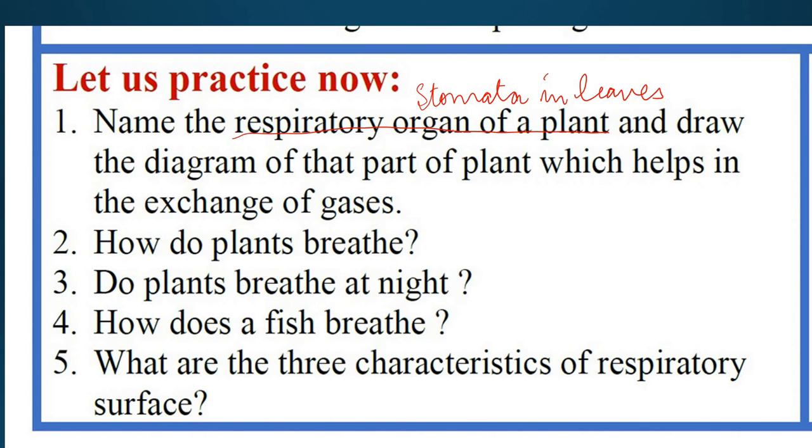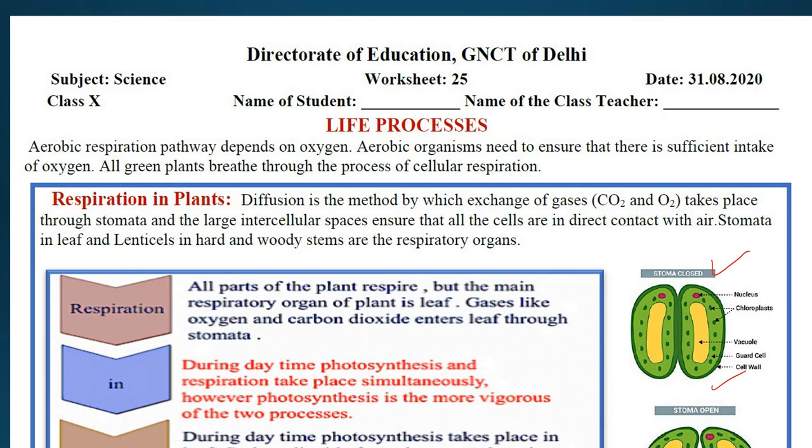So now, how do plants breathe? This is how plants breathe through the diffusion process. We have read it. Okay, diffusion is the method by which exchange of gases takes place. So, stomata. We can write all this part in your answer number 2.